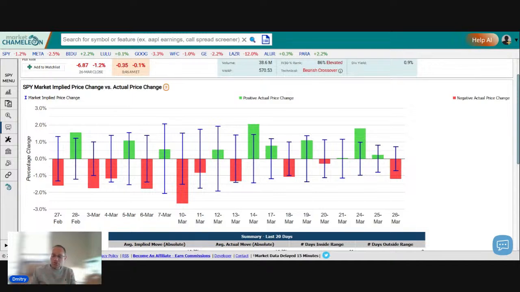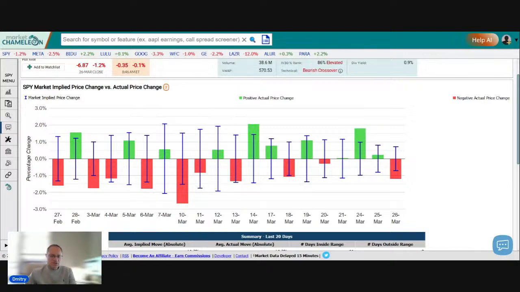Where the bars are narrow, that indicates that day the implied volatility was lower, so the implied move was lower. Then we look at the following day to see what the stock did.